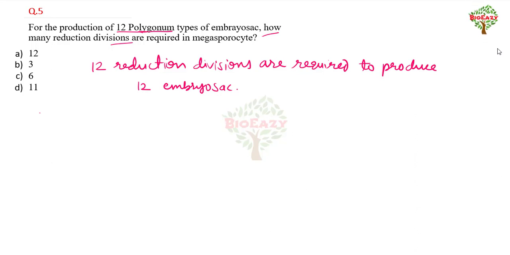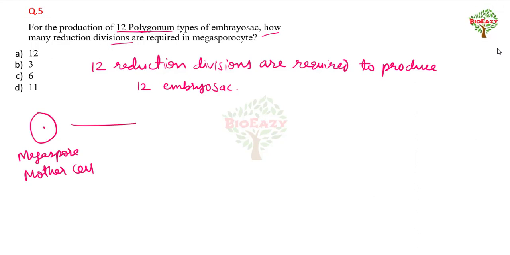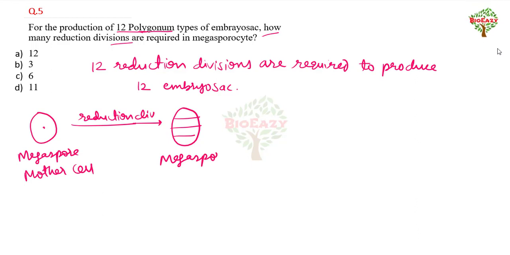So from one megaspore mother cell, there is one reduction division, and 4 megaspores, which are haploid, are formed.